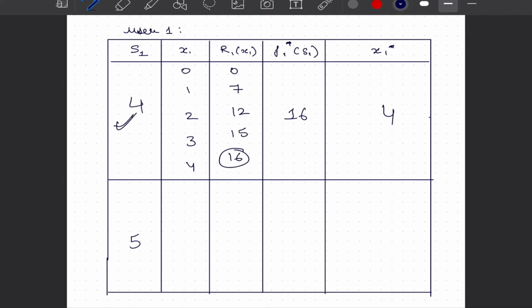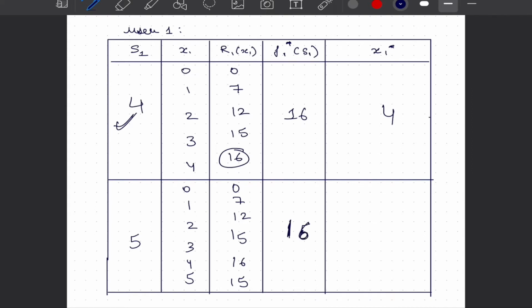So what we will do here, we will allocate 4 units so that our returns are maximum. So if 4 is the state of water available, ask user 1 to use all of that water to satisfy Bellman's optimality principle. And again, we are not caring how we arrived at 4. We will look into that when we go into the problem upstream. But as of now, state is 4, allocation is 4.